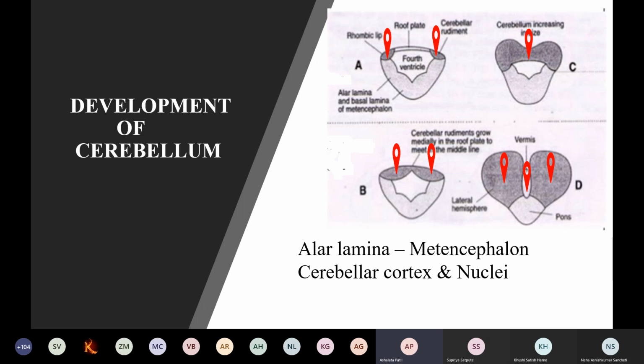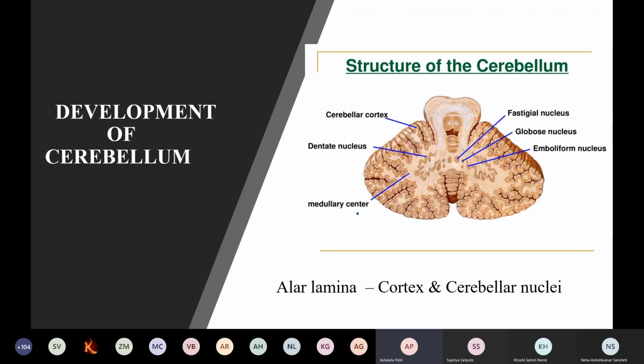These are the two cerebellar hemispheres, and the underdeveloped middle part forms the vermis. This is how the cerebellum develops. Then the alar lamina forms the cerebellar cortex on the outside, and the cerebellar nuclei, some part of which remain embedded within the white matter.